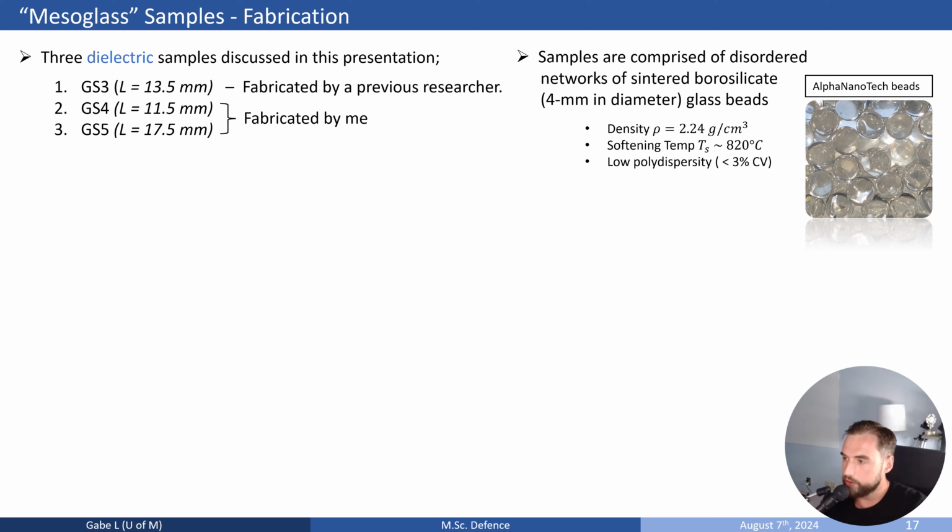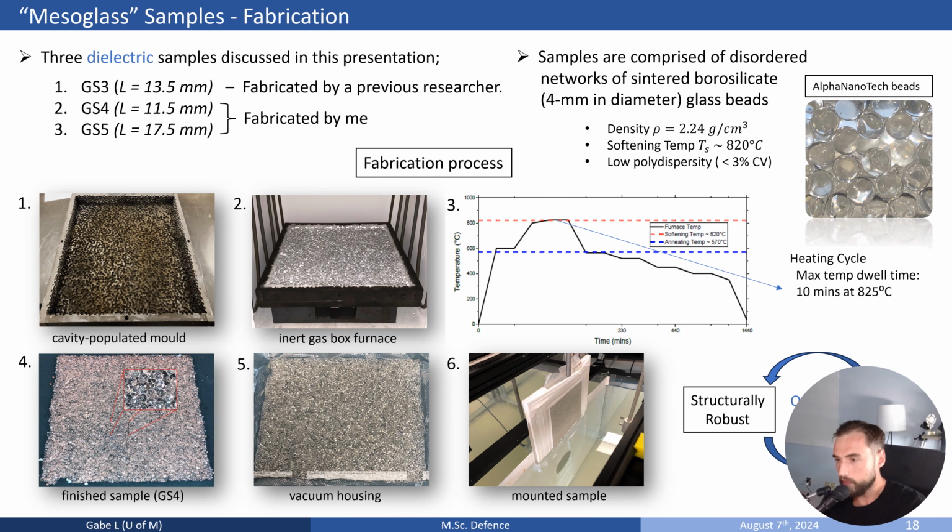I'll draw your attention to the softening temperature, which is an important parameter that makes it accessible for us, which means we can actually make them in the lab. We don't have to seek out any high-end equipment. The process is as follows.